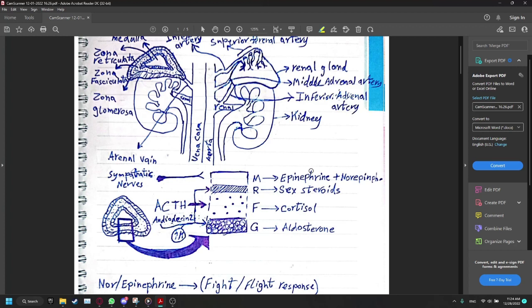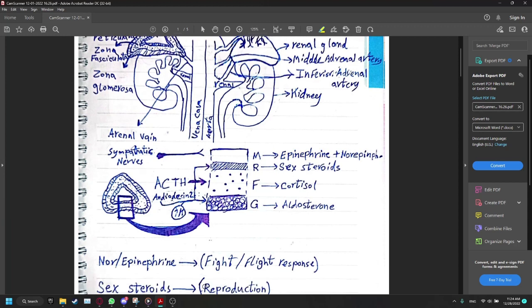Epinephrine is basically adrenaline, and norepinephrine is noradrenaline. What this does is it's important for the fight or flight response.